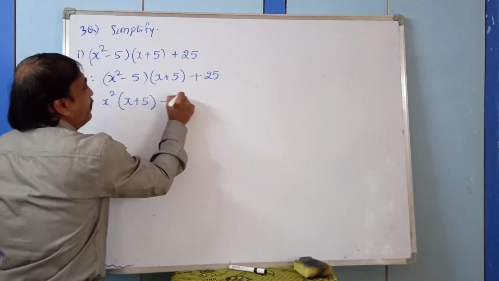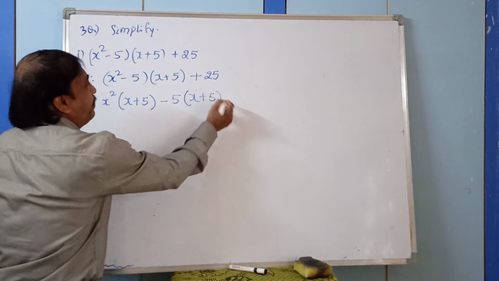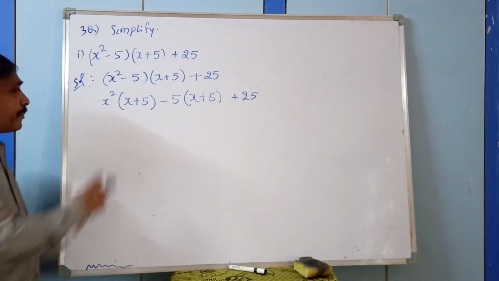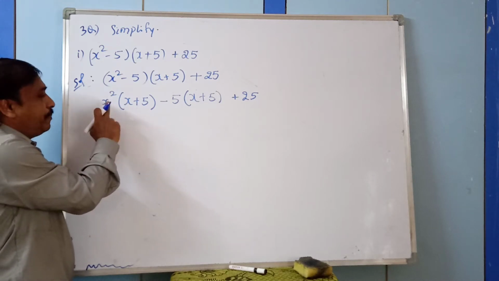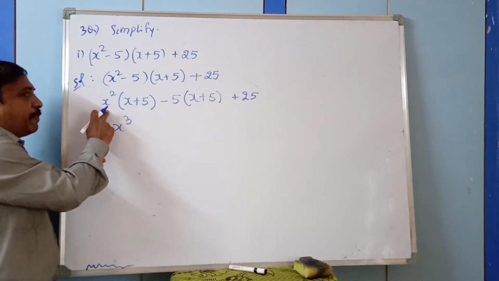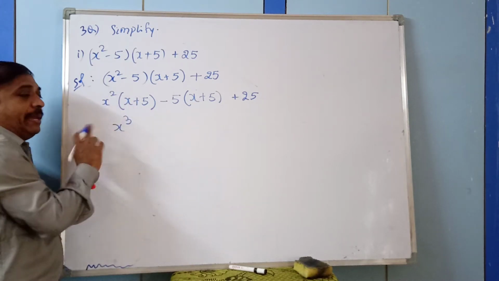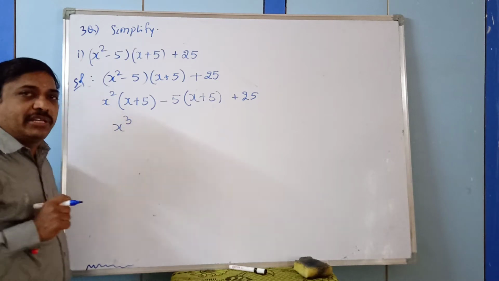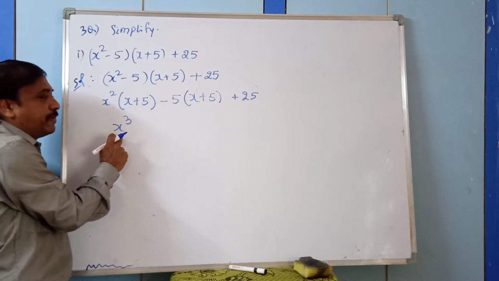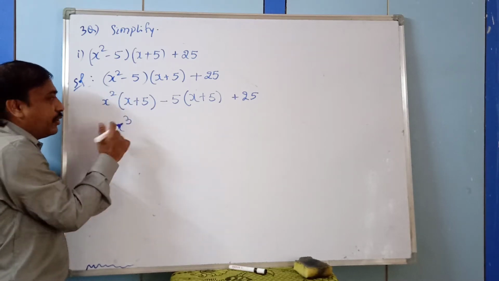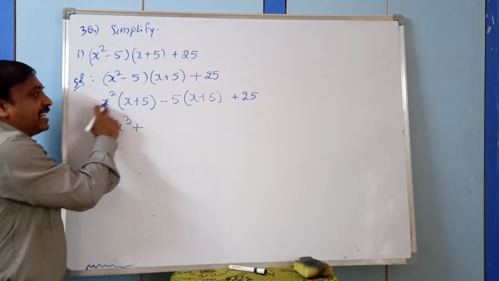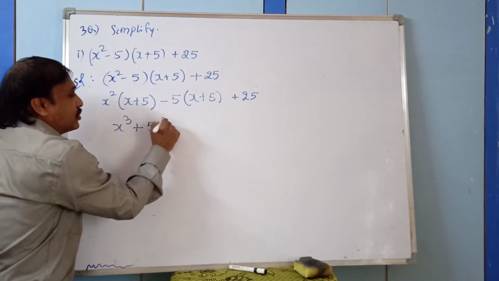Minus 5 into (x + 5), plus 25. x² into x: x power 2 and x power 1 together, a^m into a^n is equal to a^(m+n). So x² into x is x³. Plus into plus, x² into 5, 5x².